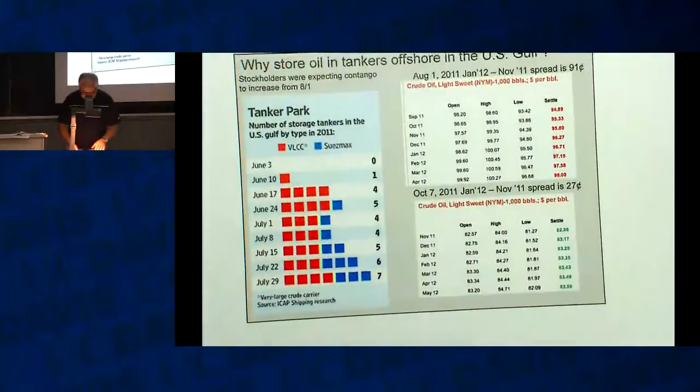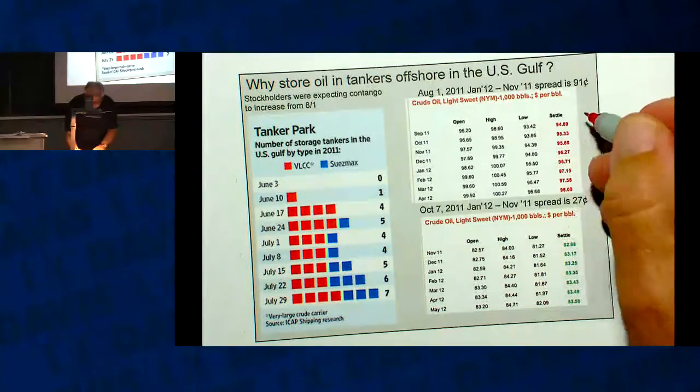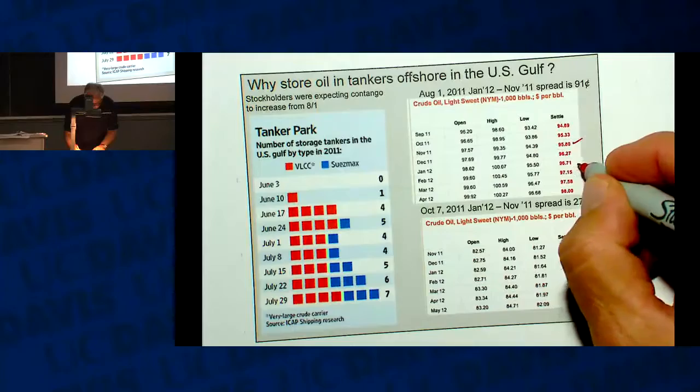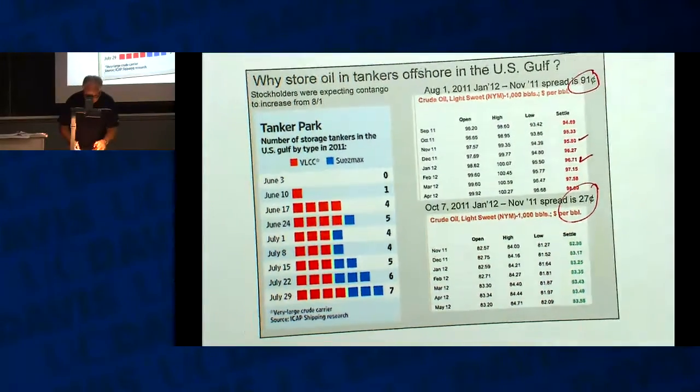So they ended up not making a lot of money. And if we look, the next slide shows a different spread. It's the spread between Jan 12 and November 11. So that's a longer term spread, and that spread also went from 91 cents to 27 cents.